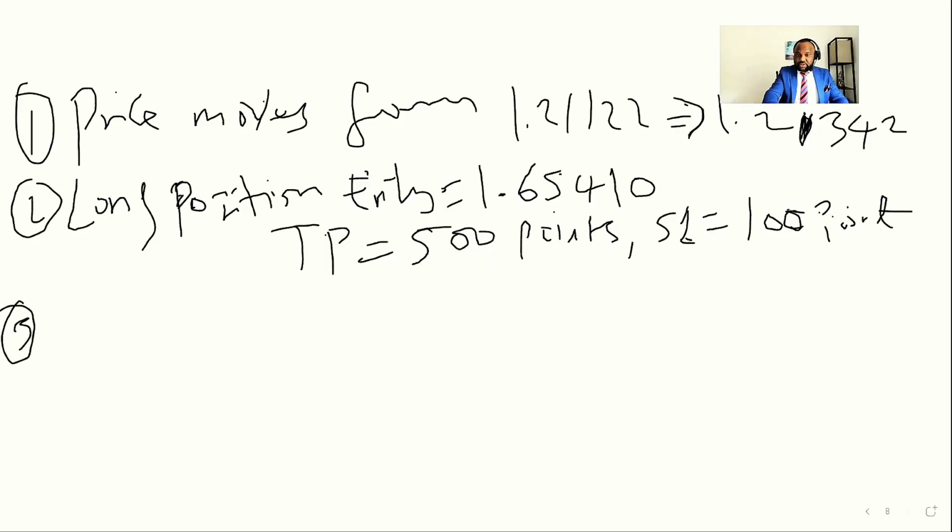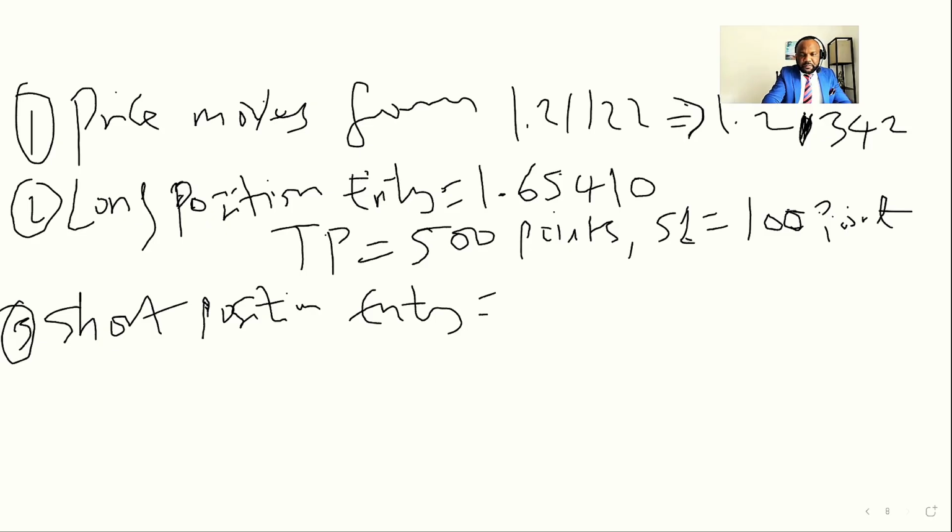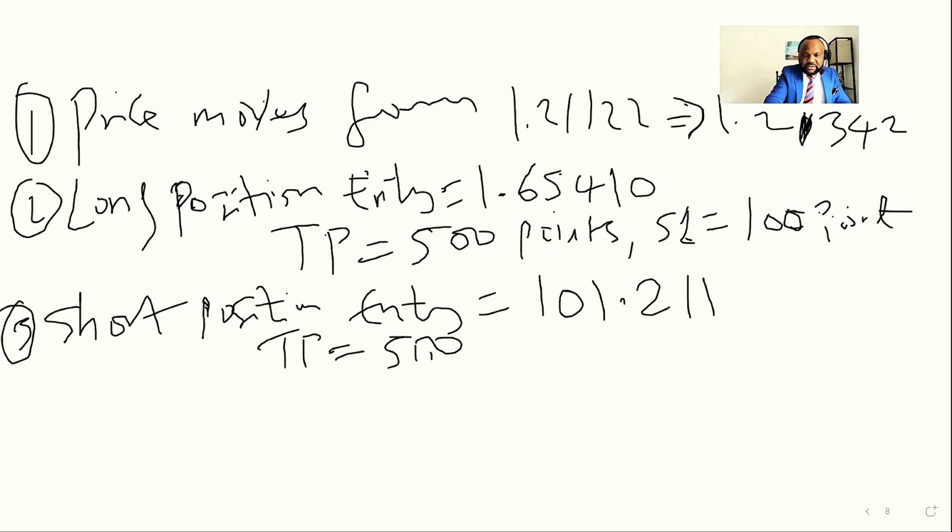The third scenario, let's do a short position with everything in points as well. We're doing a short sell, a short position with entry at 101.211. Our take profit target, the same, 500 points.